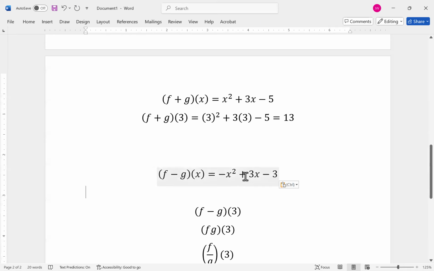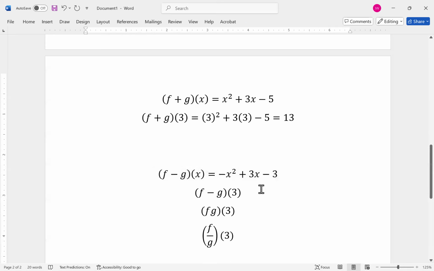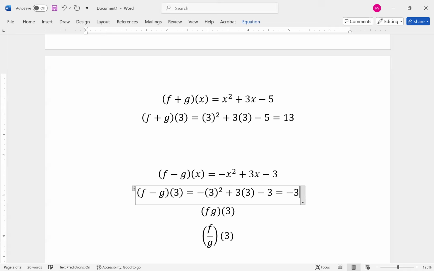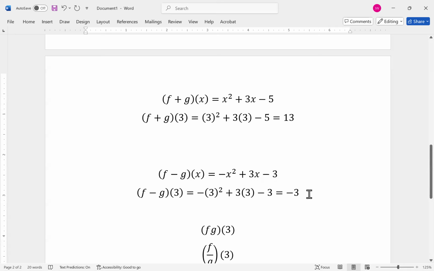So all I have to do is use that expression: negative 3 squared plus 3 times 3 minus 3. That's a lot of 3's around. That's negative 9 plus 9 minus 3, which gives you a negative 3. So when you plug in 3, you get an output of negative 3.